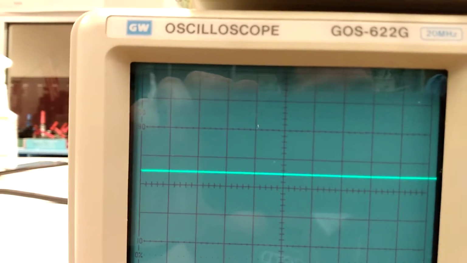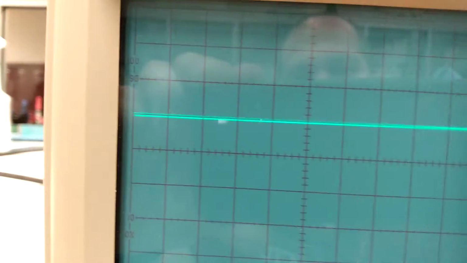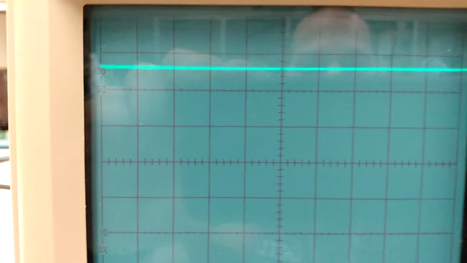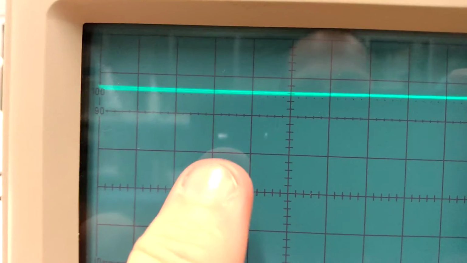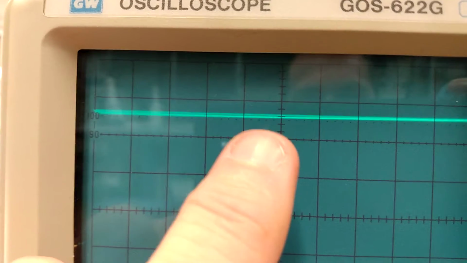So we can say, well, maybe this is 0.5 something. Let's dial it in and get a little more precise. At 0.5 for the division, yeah, we're pretty much on the 0.5 line. Okay, and if I go at 0.2 for the division, what that means is each one of these little lines here is 0.2. That would be 0.4. And so we can dial in here.